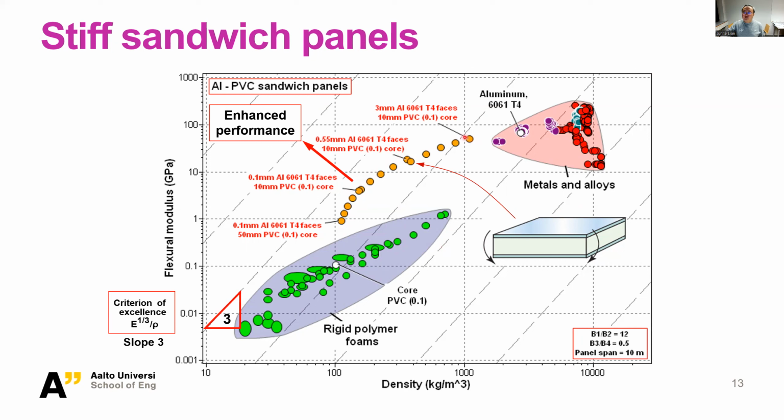This is, let's say, 10mm PVC inside and 3mm aluminum alloy 6000 series T4. If you know how it's produced, it's called T4. As the face materials, we're creating something here which is already better, if you just look at the slope here, than aluminum itself.